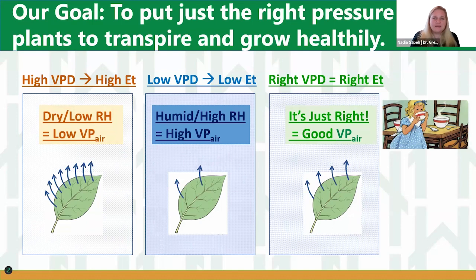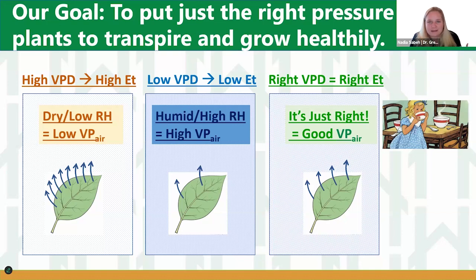So ultimately, to summarize, our goal is to put just the right amount of pressure on our plants to transpire and grow healthily. If we have a high VPD, we'll have a high evapotranspiration rate and a lot of stress. If we have a low vapor pressure deficit, we'll have a low evapotranspiration rate, and your plants will never be stressed and they'll always stay vegetative.